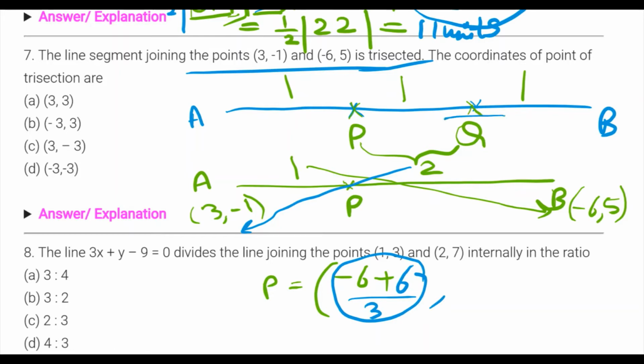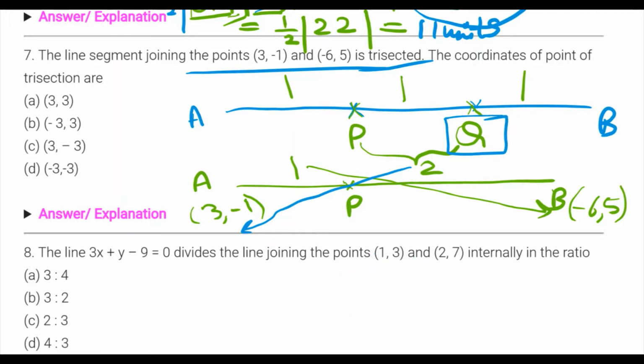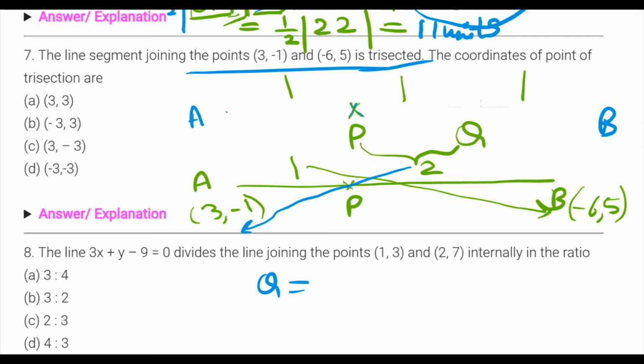Even Q is one of the points of trisection. We'll try to find Q next. If I want to find Q, Q will be having the ratio of 2:1. For P it's 1:2.